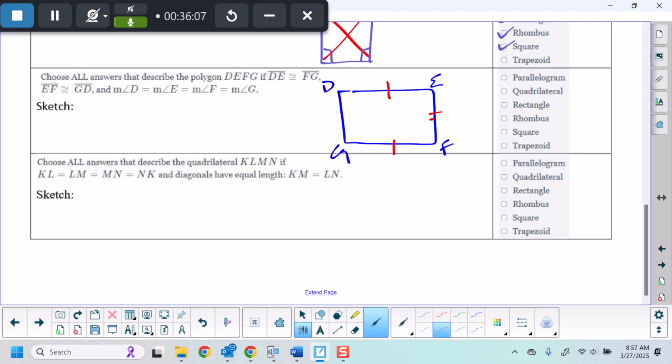EF is congruent to GD, got it? Measure of angle D and E and F and G are all the same, right? Which means yes, it's a quadrilateral, yes, it's parallelogram, yes, it's a rectangle. Am I done? Yes.